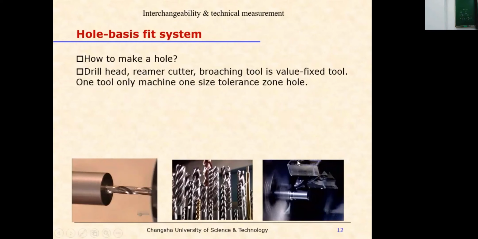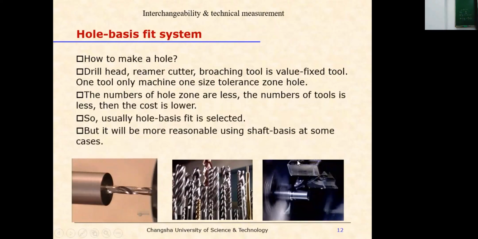But for the hole, the number of tools is less and the cost is low, right? So usually the hole basic fit is selected, but when we machine a shaft, we just use one tool. We can machine different diameters of the shaft, right?